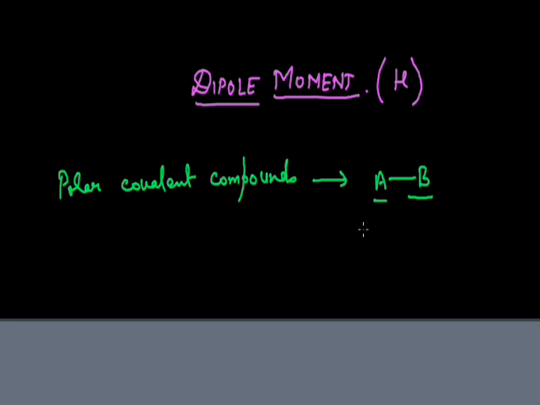That means the electronegativity of A is different from the electronegativity of B. Such a compound is known as a polar covalent compound. Now in such compounds, the two charged ends of the bond behave as an electrical dipole, and their degree of polarity is measured in terms of dipole moment.